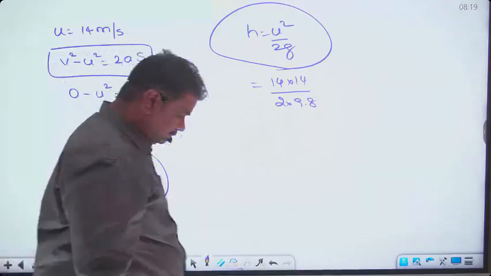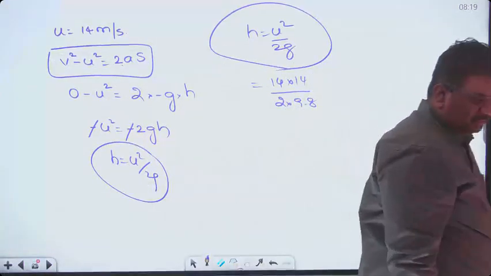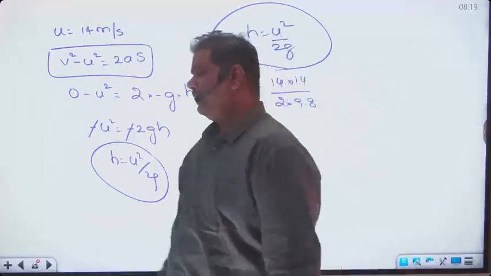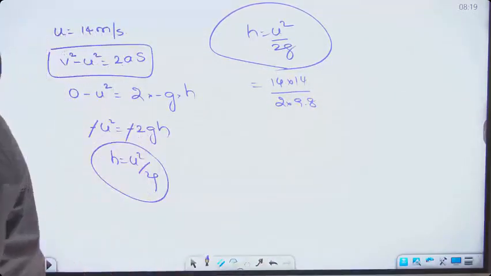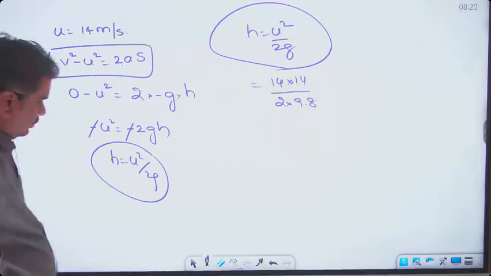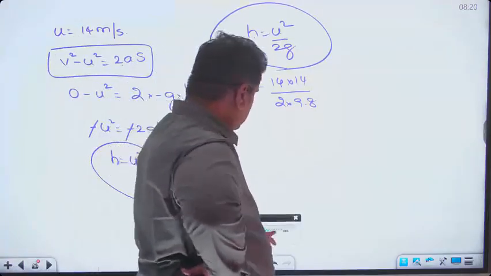Next one. A force of 10 newtons acts on an object of mass 2 kg.